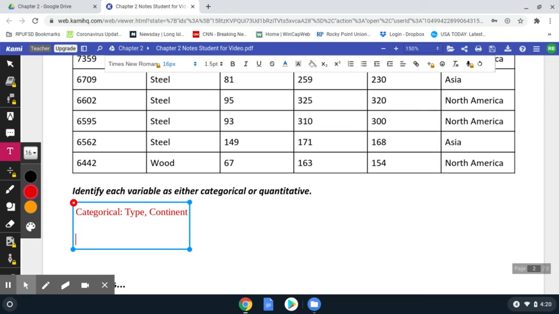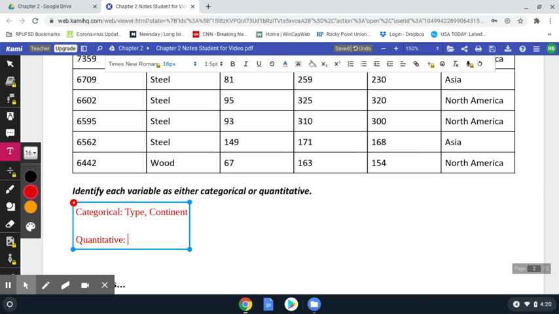Good. All right. Then what was our quantitative? So our quantitative, remember, when we defined it above our table, we said a measured variable with units answers questions about the quantity of what is measured.